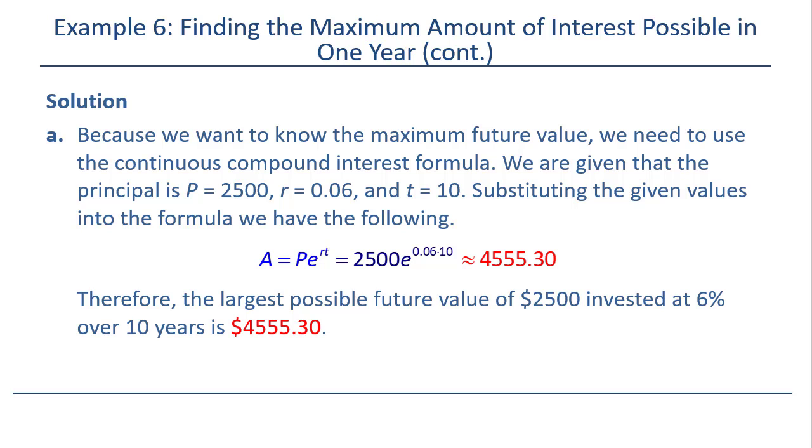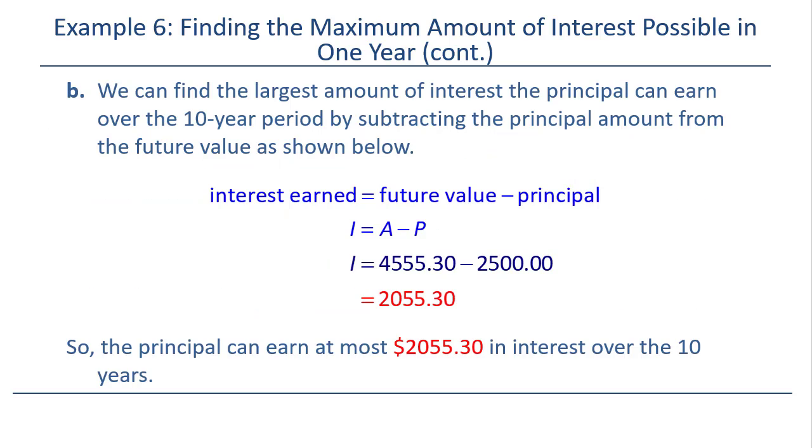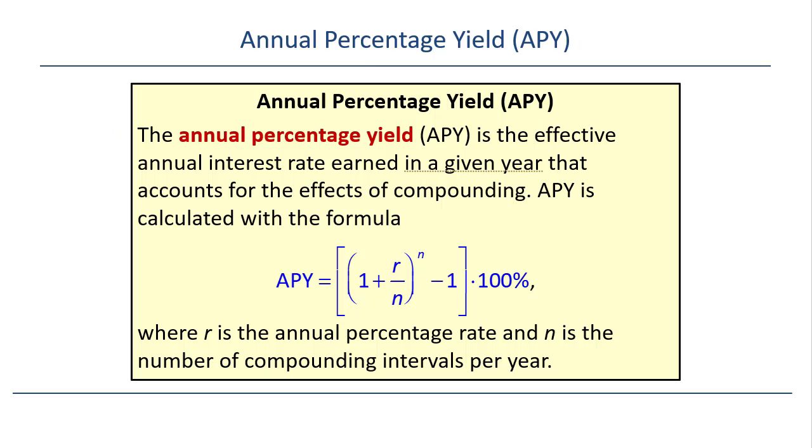And we would see that the maximum amount we would have would be 4,555.3. If we subtract the initial deposit of 2,500 from it, then we see that the maximum interest earned would be 2,055.30. So continuous compounding is always the maximum, right? It's the most interest you can earn is continuous. You can't do anything more frequently than continuously.